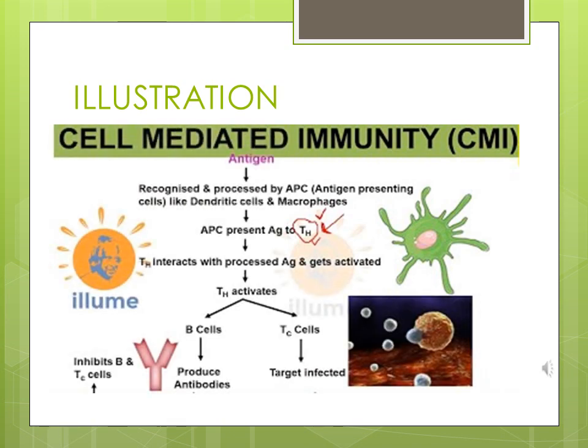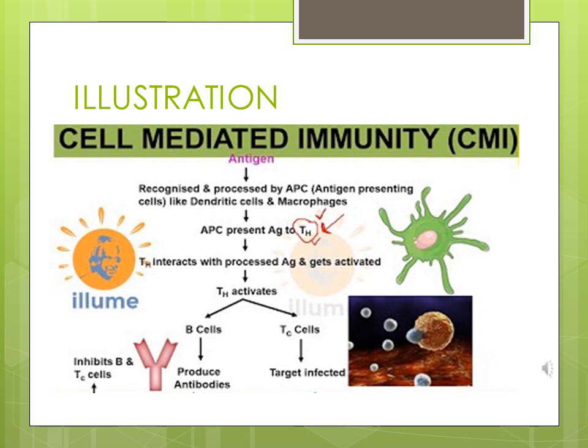Now I will continue with the explanation of the illustration of cell-mediated immune responses or CMI. In case of CMI, as we all know, the T cell is playing the key role.